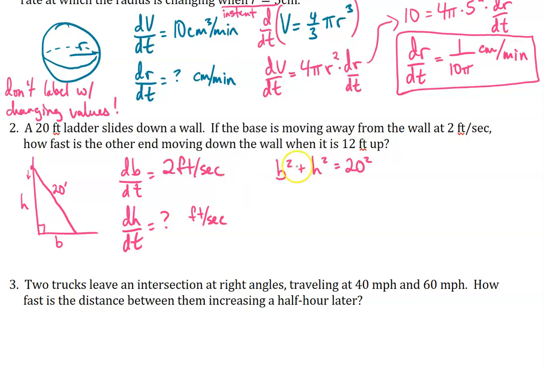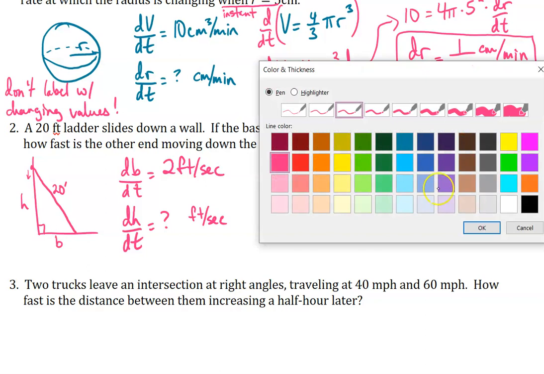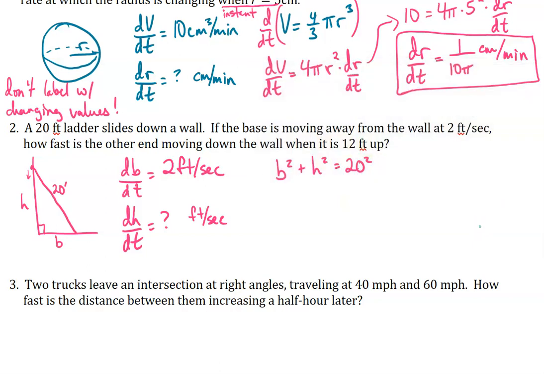And now, once we have this equation, we are going to differentiate with respect to t. We get 2b times dB over dt plus 2h times dH over dt is equal to, and the derivative of this is not 2 times 20. The derivative of 20 squared, which is a constant, is just 0.